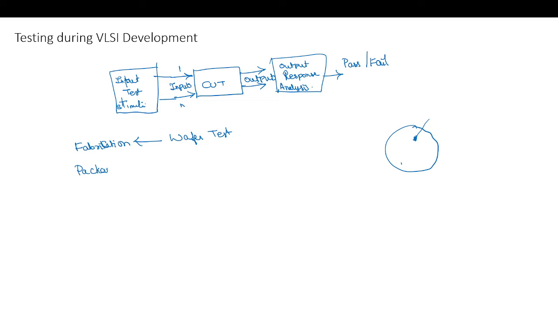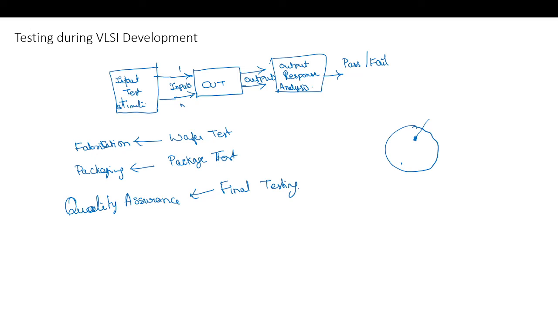After that, at the packaging step, we can perform the package test. At quality assurance, that is the final stage, we can perform the final test.